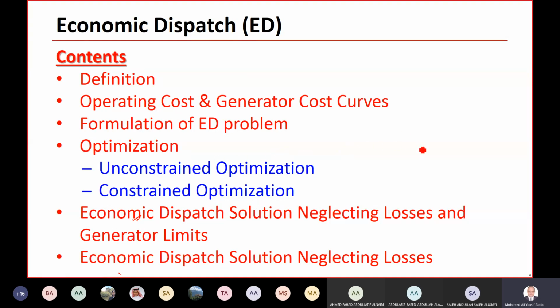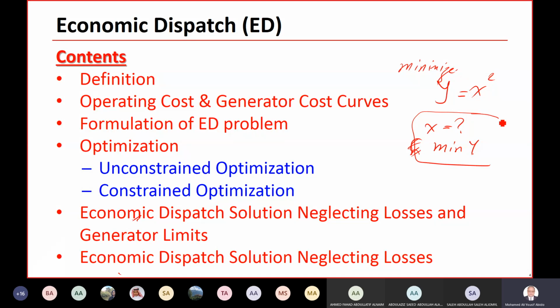If I ask you to minimize this, so what do you think the solution? The solution is how much x that gives you minimum y. This is simply the solution of the optimization problem.